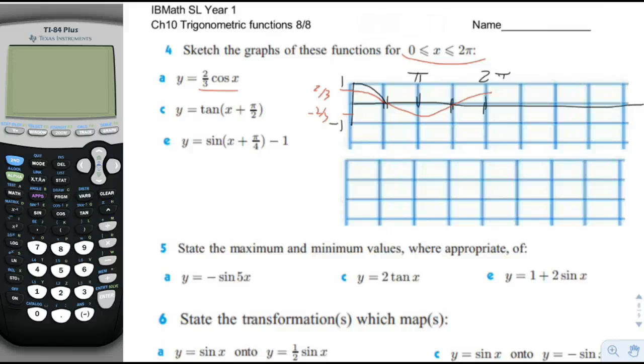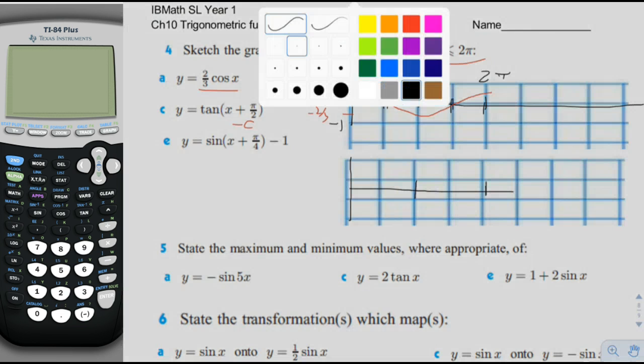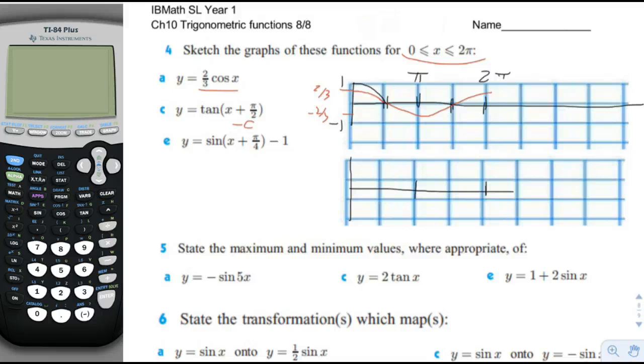Now the next one says y equals tangent of x plus a half. Okay, so let's draw a function of tangent. So remember, this is pi and this is 2 pi, and the asymptotes for tangent lie at pi over 2 and every pi afterwards.